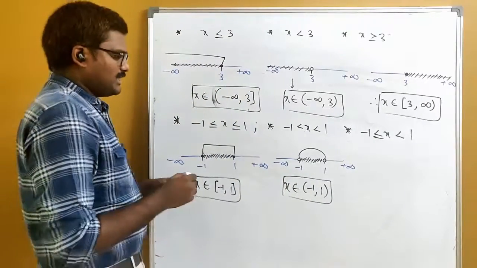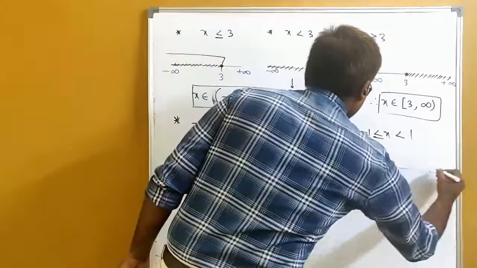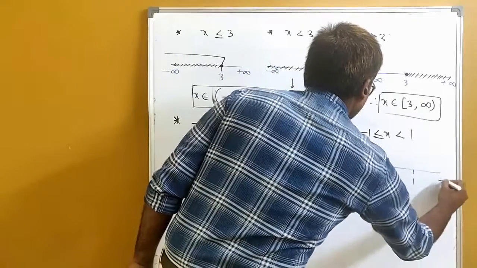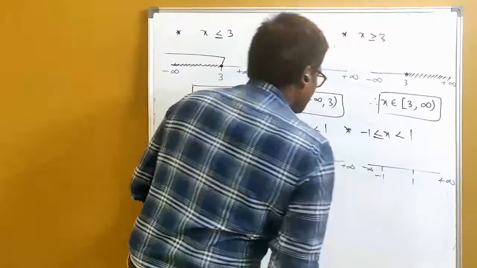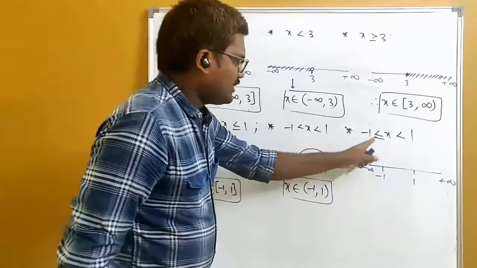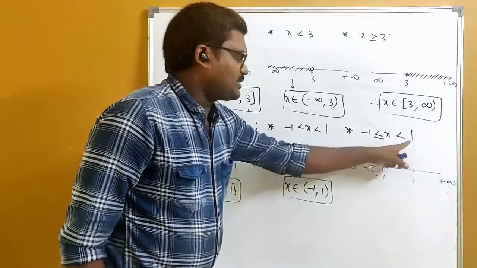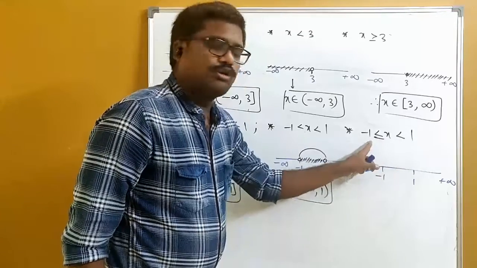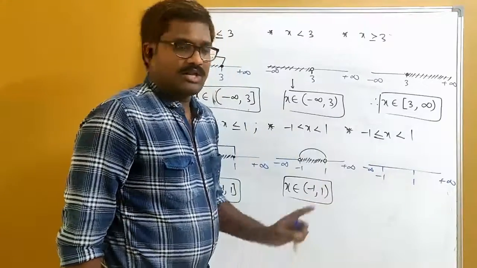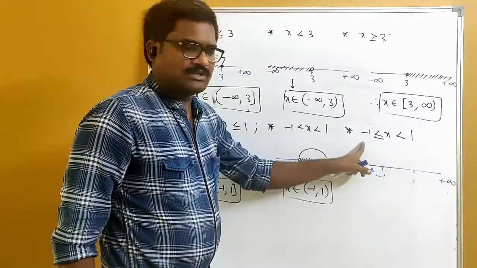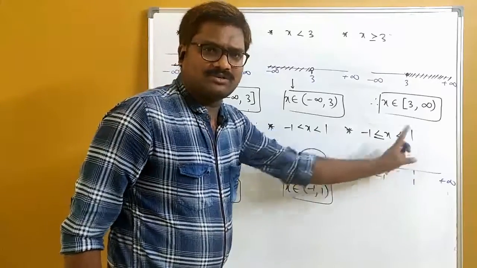Clear? Now similarly, the last one, minus 1, 1. Now again, what is the meaning of this one? X is again all the real numbers between minus 1 and 1, but include minus 1, exclude 1. Because you have equality at minus 1, you do not have equality at 1.